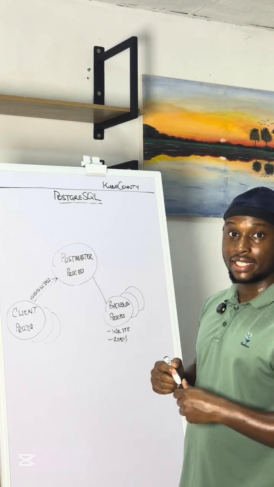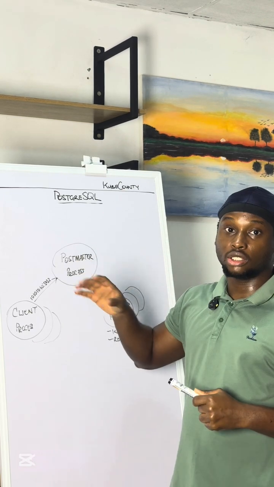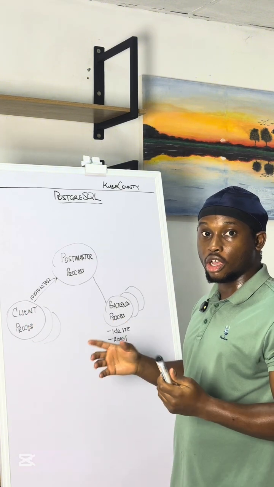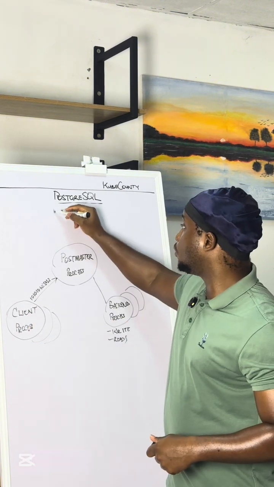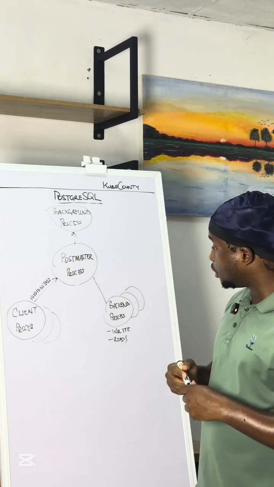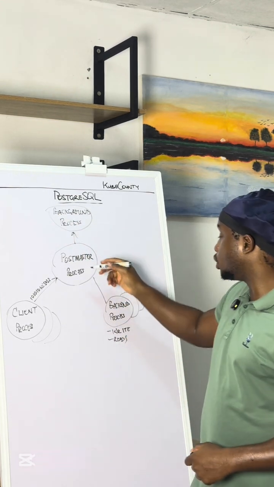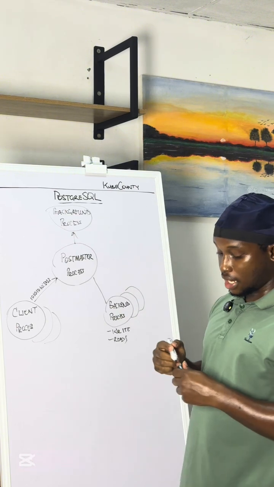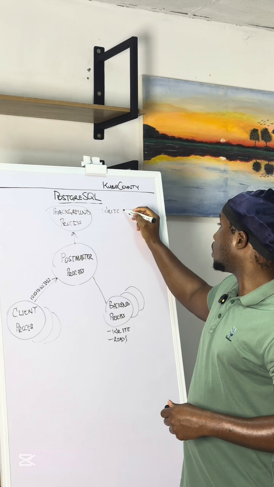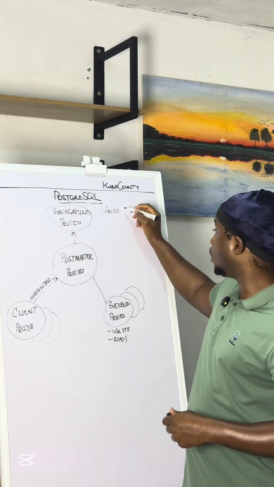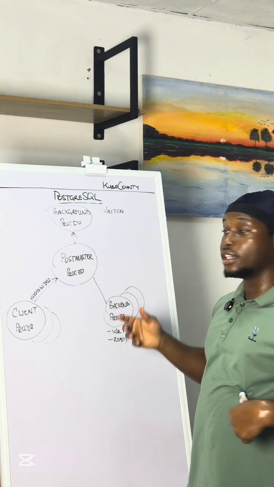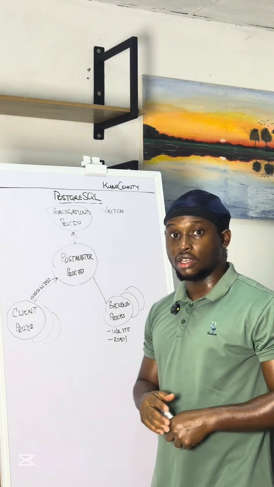The postmaster also creates background processes, which are not necessarily tied to any client process, but perform various operations for Postgres itself. So you have the background process here, still created by the postmaster, and it performs things like writes. Some background processes are your writers, which write data from your shared buffers to the disk.